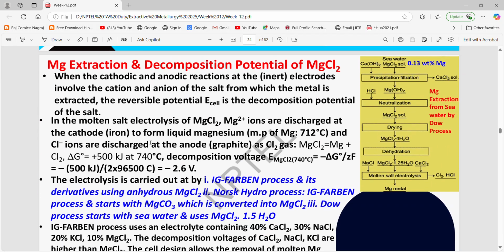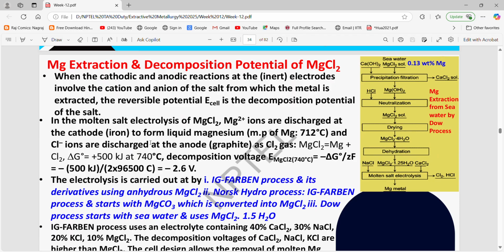Okay. Now coming to the magnesium extraction and decomposition potential of MgCl2. As we had already discussed, Mg is highly electronegative in nature. So generally the production of magnesium is done with the help of the molten salt electrolysis process.